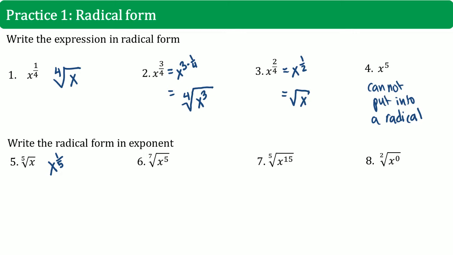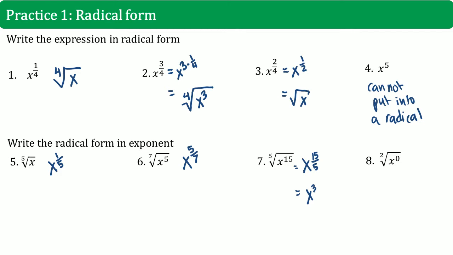So the value here, it's x to the 5th, so write x to the 5th. We saw that this is a 7, so we divide this by 7. Next, x to the 15, write x to the 15. The radical is 5, so we just divide this by 5. Make sure you simplify: 15 over 5 is just 3. Next, x to the 0.